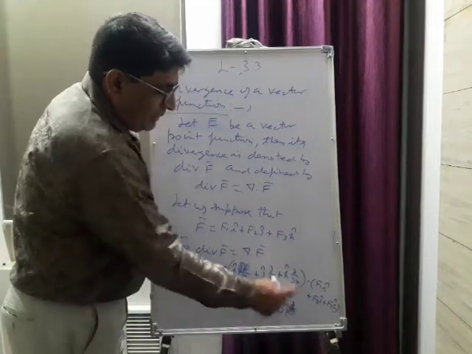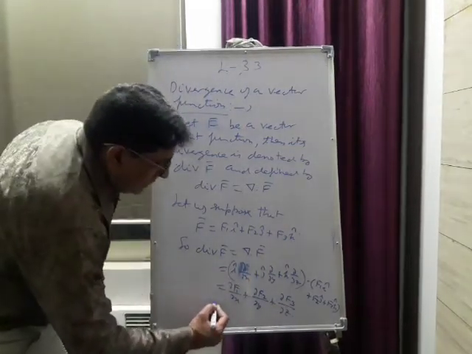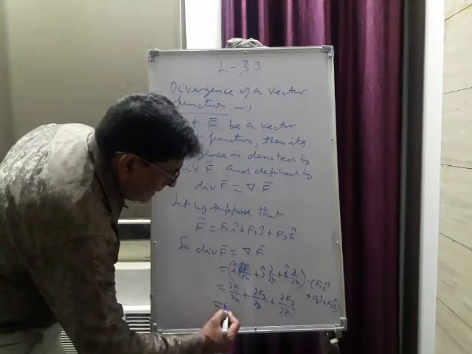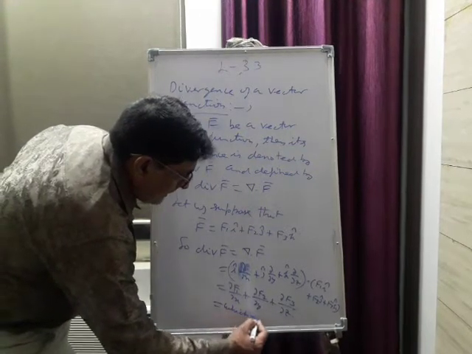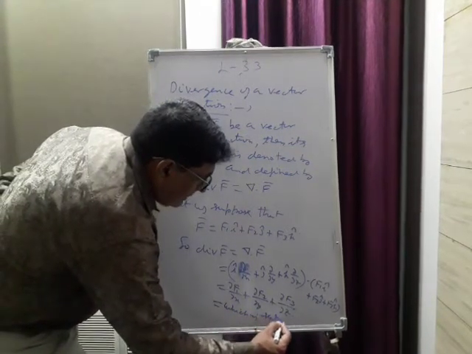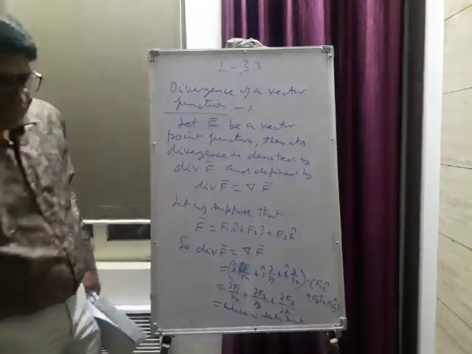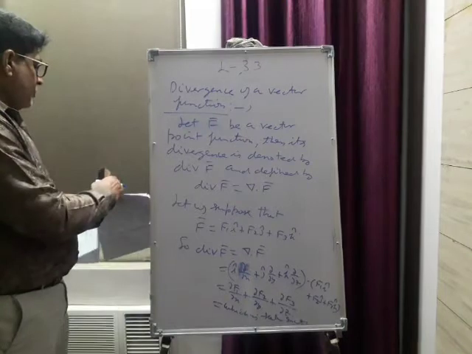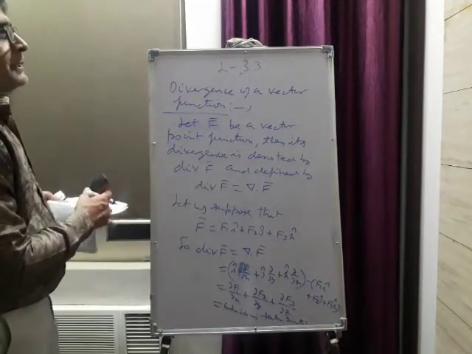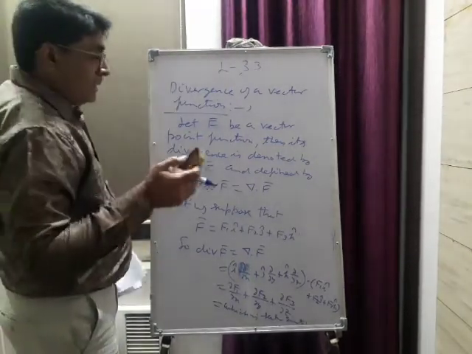So this is the value, which is a scalar quantity. So divergence of any vector point function is a scalar quantity.